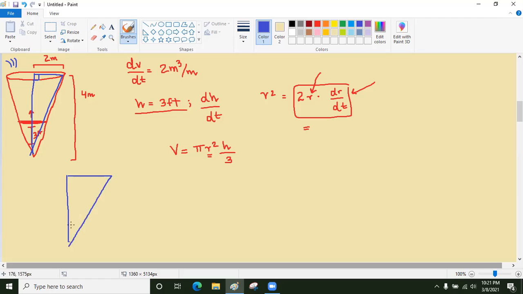Since we took half of the cone, the length of this side of the triangle would be 2 meters. And the height would still stay the same, so you'll still have a height of 4 meters.